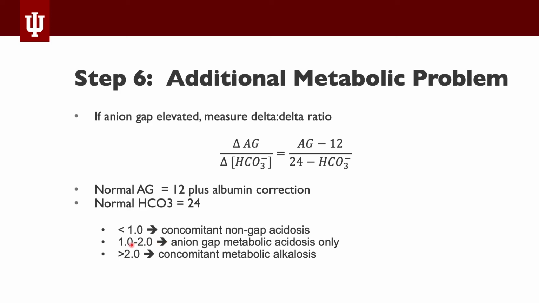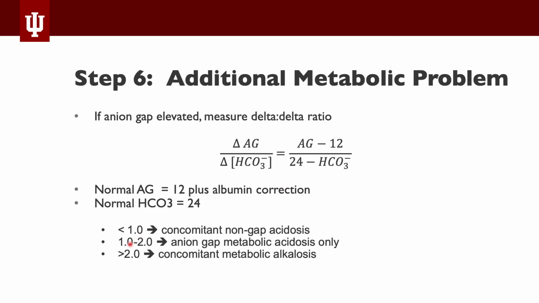If this ratio is 1 to 2, that means that you really only have an anion gap metabolic acidosis. If the ratio is less than 1, that means that our bicarbonate is a lot lower than we would expect for just an anion gap acidosis. So that means we have a non-gap acidosis as well. Remember, a low bicarbonate suggests an acidosis. So if the bicarbonate is lower than we would expect, i.e. this ratio is less than 1, then we have an elevated gap acidosis as well as a non-gap acidosis.